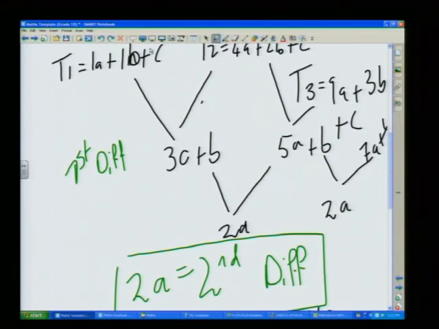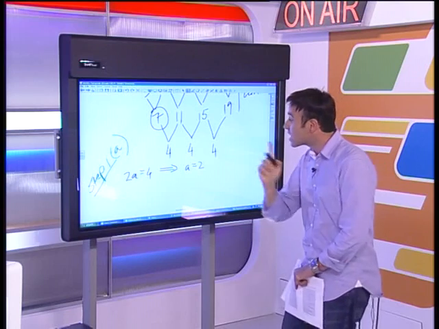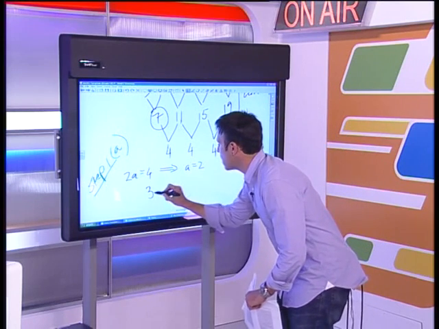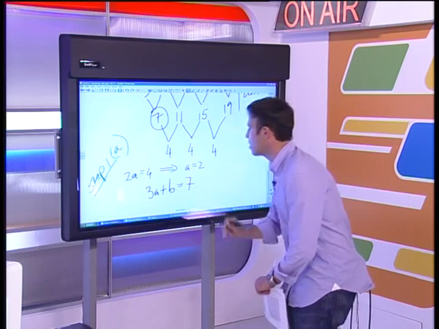So there's an a there, 3a plus b. And if I look at the question that I'm trying to solve, I notice that in this case, this term here is my 3a plus b term. So I can now say 3a plus b is equal to 7.